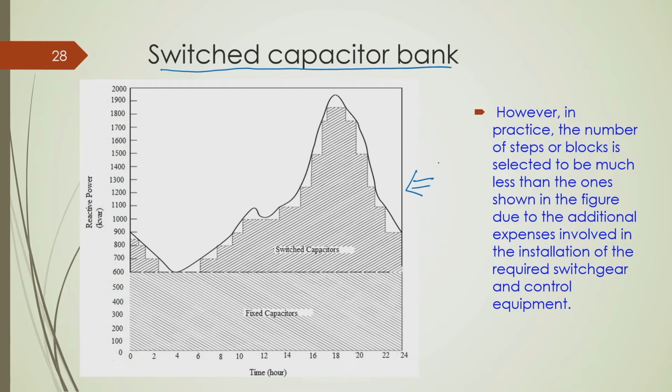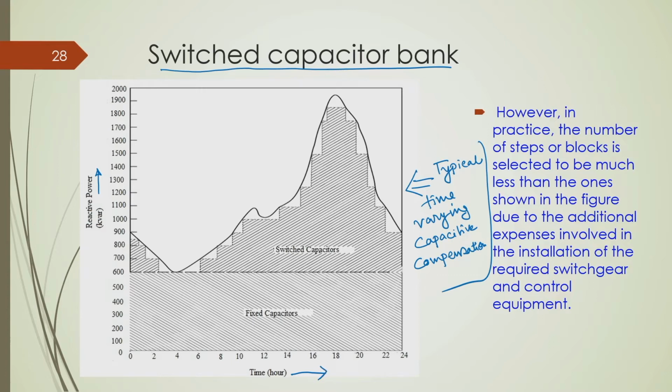So, this gives typical time varying capacitive compensation, and these characteristics are drawn with this axis being the reactive power the capacitor injects to the network, and this is with respect to time, and this time starts from 12 o'clock at midnight and ends at 12 o'clock at the next day midnight.